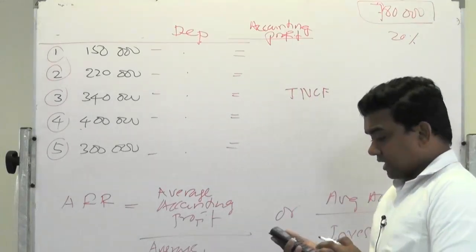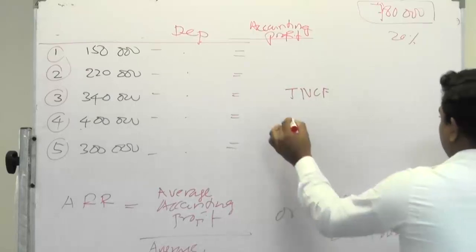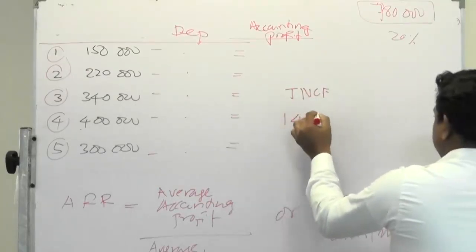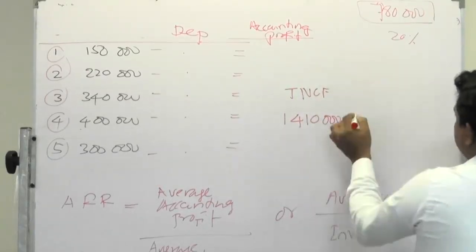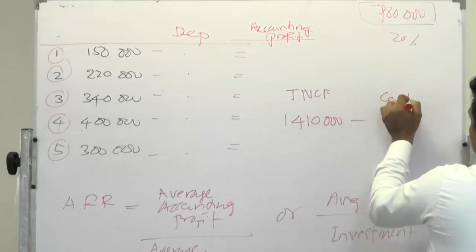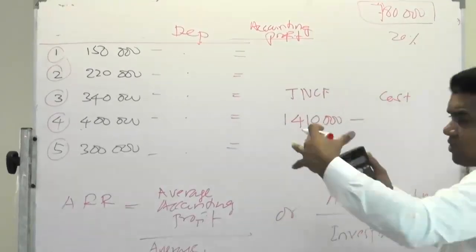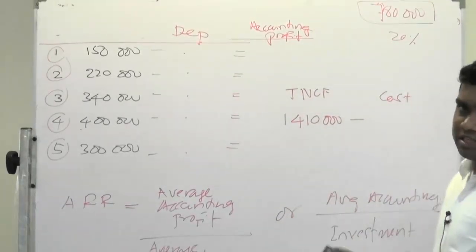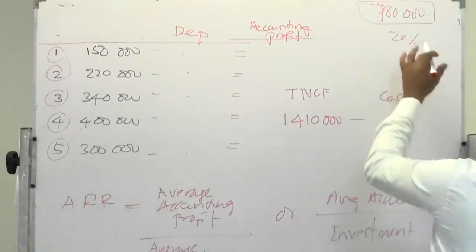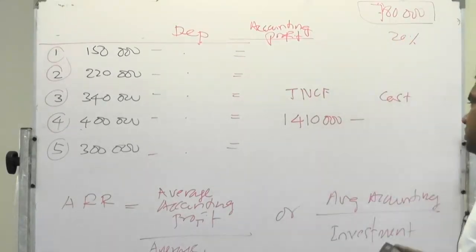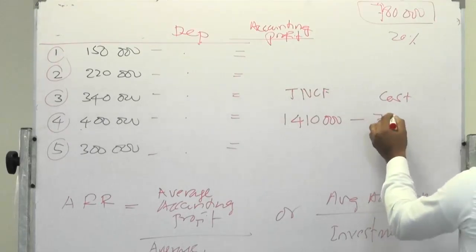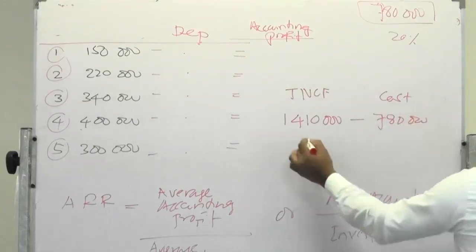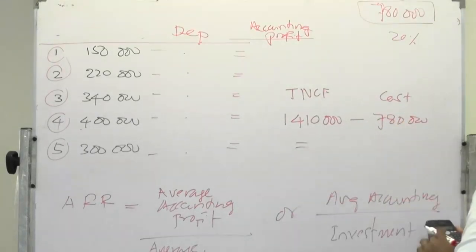Now the total net cash flow for the 5 years will be 1,410,000. Then deduct cost, because even if it is depreciated over 5 years, 20% by 20%, the total cost deducted from the total net cash flows is the same. Therefore you can deduct 780,000 from here. Now you have the total accounting profit.